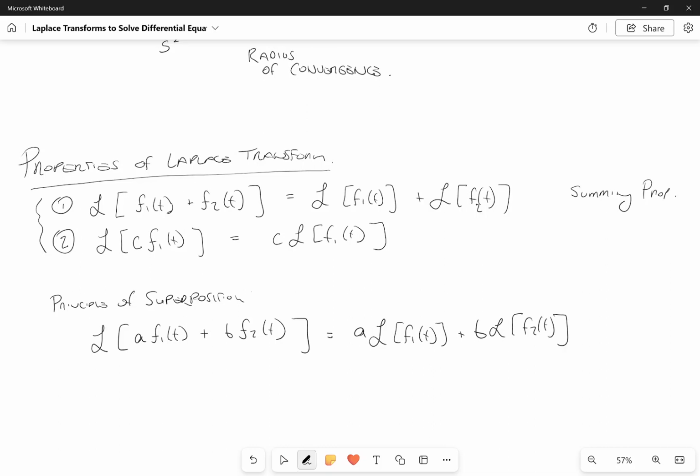So this is our principle of superposition, and since the Laplace transform is a linear operator, it follows the two properties of linearity, which can be combined into the principle of superposition.